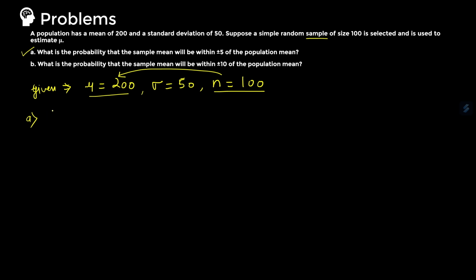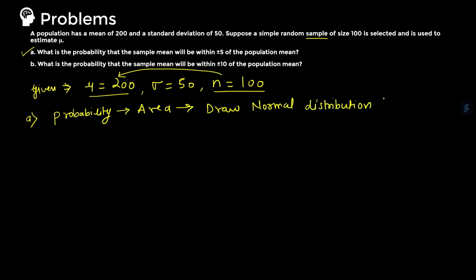Most of the times I have said this one thing over and over for many videos: probability means area, which leads us to draw a normal distribution curve or diagram.